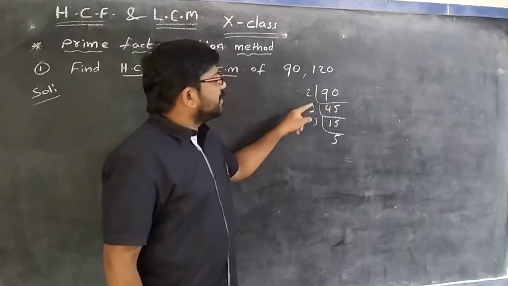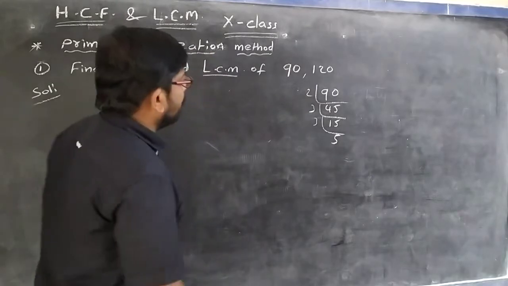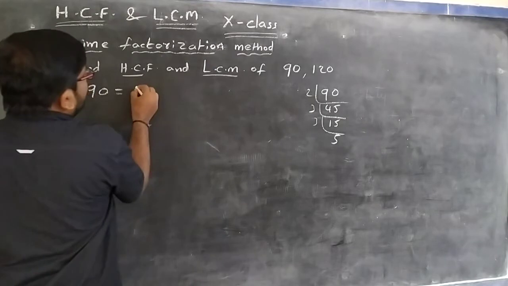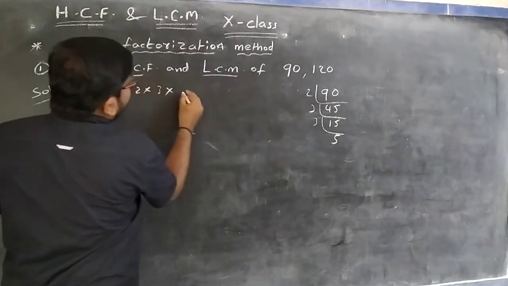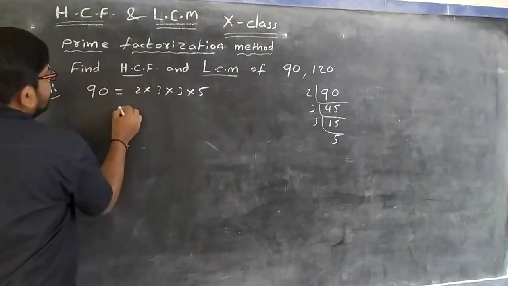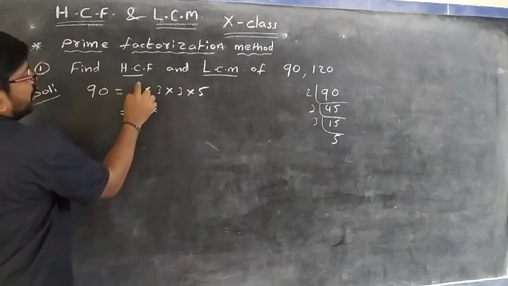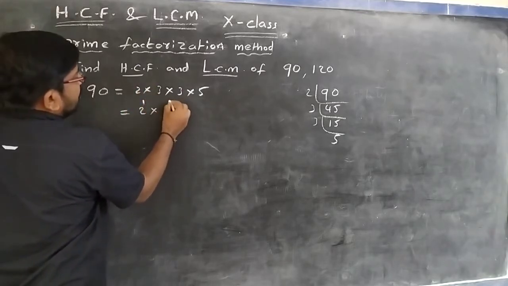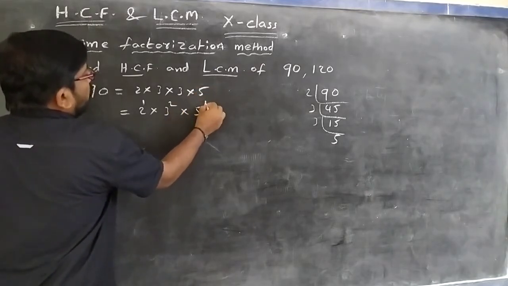So 90 can be written as 2 into 3 into 3 into 5. That is equal to 2 power 1, since 2 is single, and 3 into 3 can be written as 3 square, into 5 power 1.